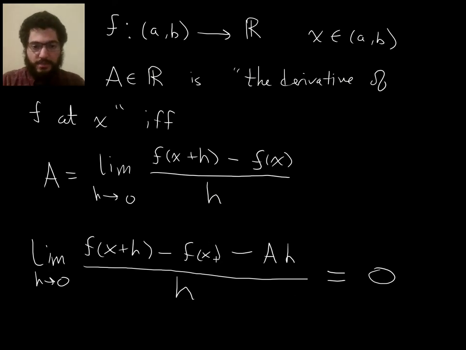All right, so is this ready to be upgraded into higher dimensions? So let's say instead of the domain being a subset of R, let's say the domain is E, some subset of Rn. Let's assume it's open. And for the codomain, let's make that Rm. So what needs to change here?